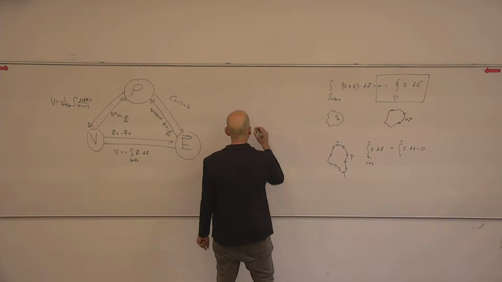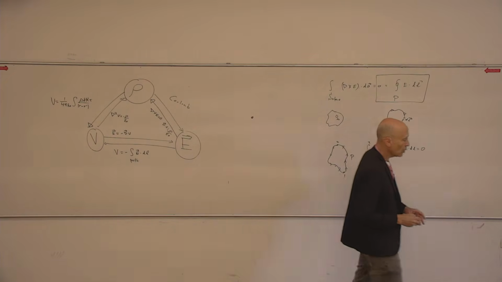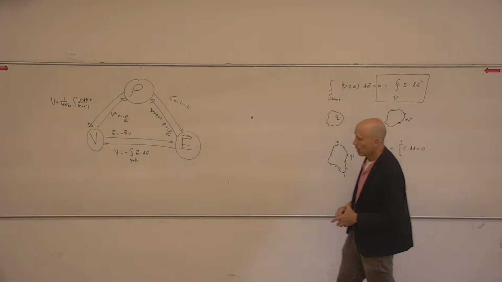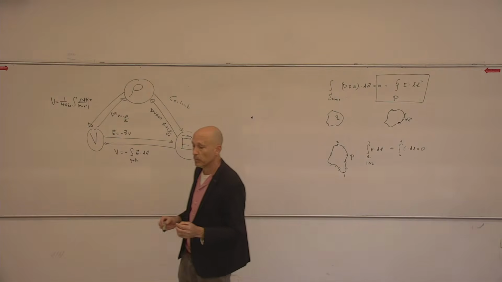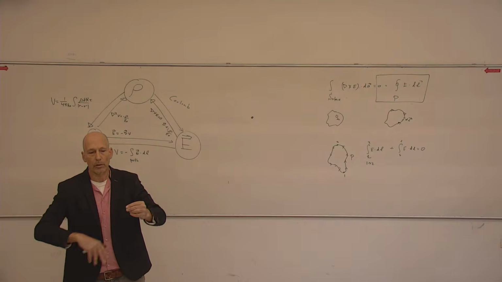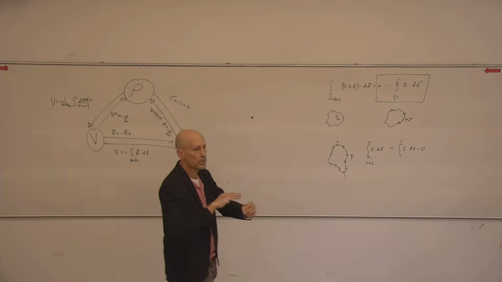So let us look at the simplest case, a single charge. I have a single charge. And why is this integral E·dl going to be 0? So here the philosophy is simple. Let's look at one charge and see that the integral when you go in a circle or any path is going to be 0.